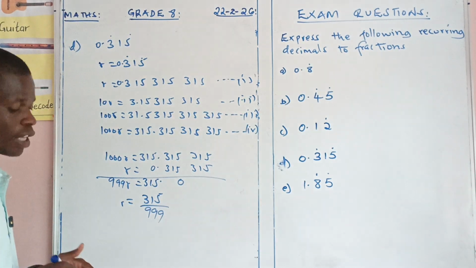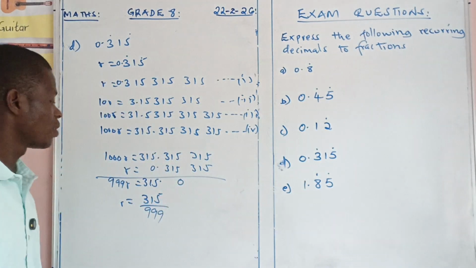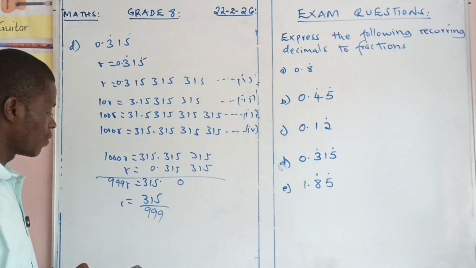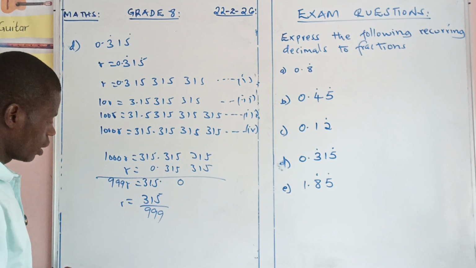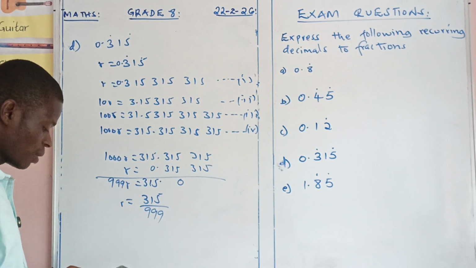So here, what do you need to do? Just need to check if it is divisible. Yes, 3 can divide this, 3 can divide this. So let us simplify. Simplification won't take you time.